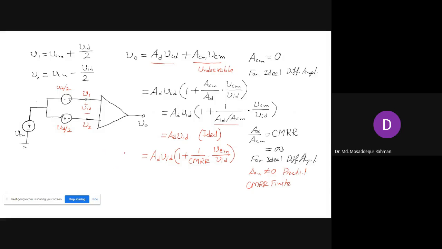So for practical, we want CMRR to be as high as possible, right? The higher, the better. The higher the value of CMRR, the more effective the differential amplifier will be as a differential amplifier.